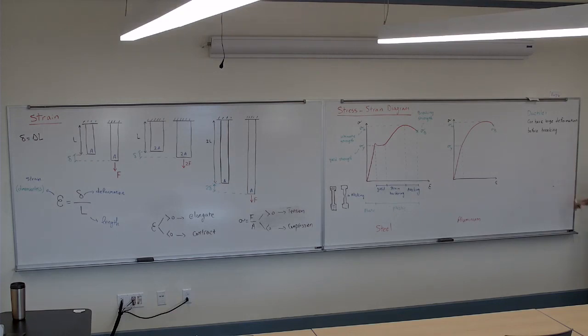I mean, it's good because it has a large deformation before breaking, so it gives a longer warning period, or you can see that it's about to break. That's exactly right. You can see it is going to fail.